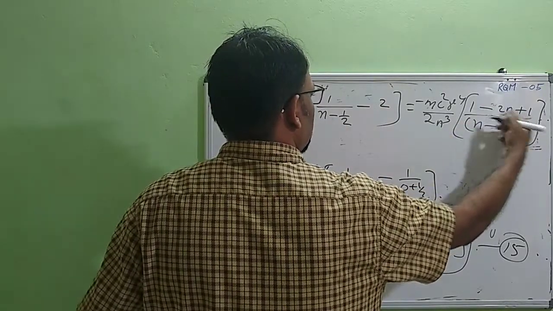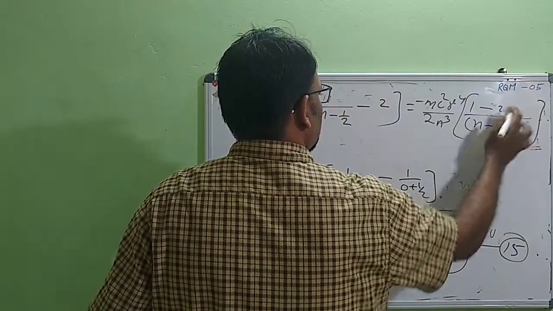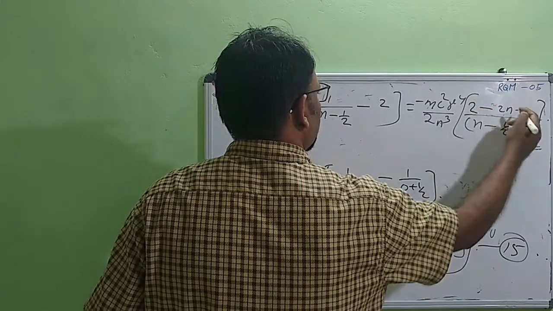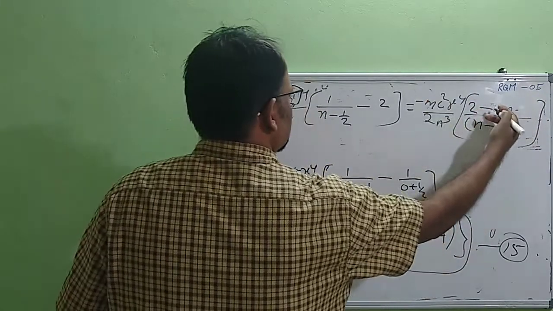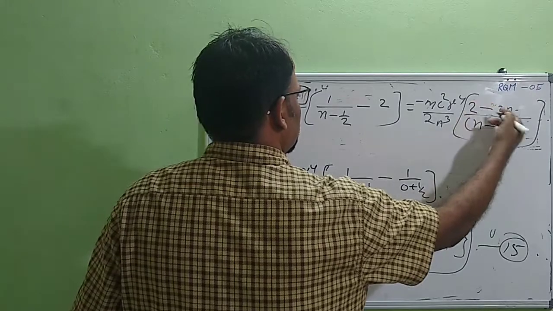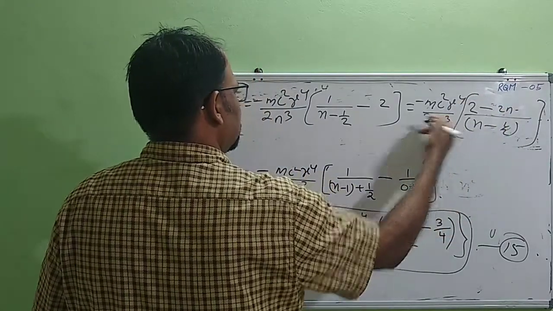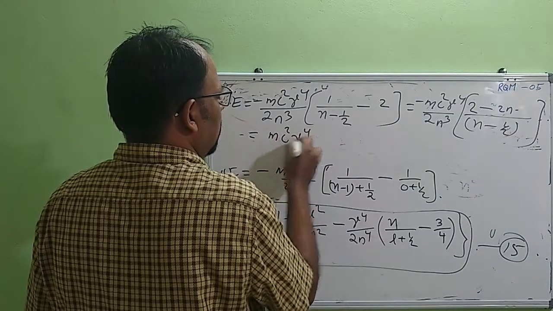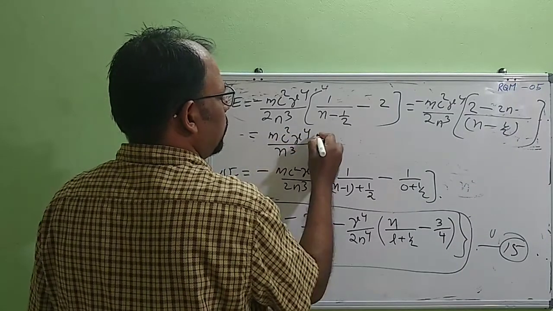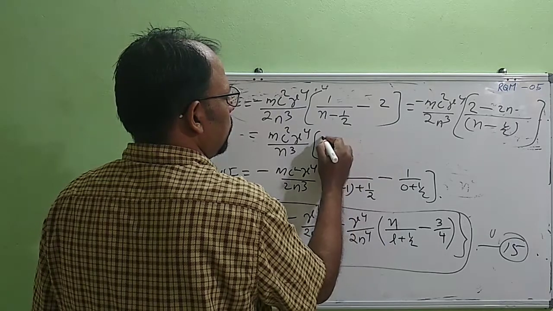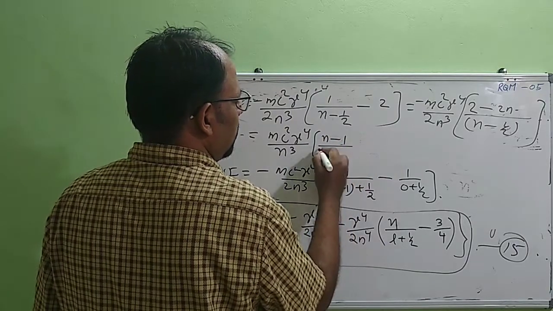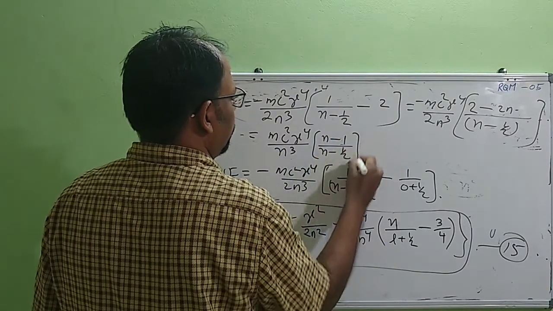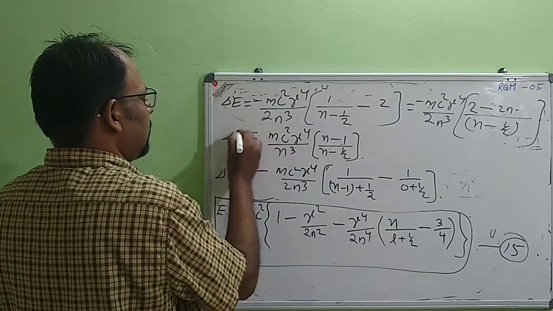So 1 plus 1 is 2, and 2 into n minus 1. Taking the minus inside, it will be 2n minus 2. Taking 2 common, that 2 cancels with the 2 in the denominator. So we get m c squared gamma to the power 4 by n cubed into n minus 1 by n minus half. So this is the spread in energy.